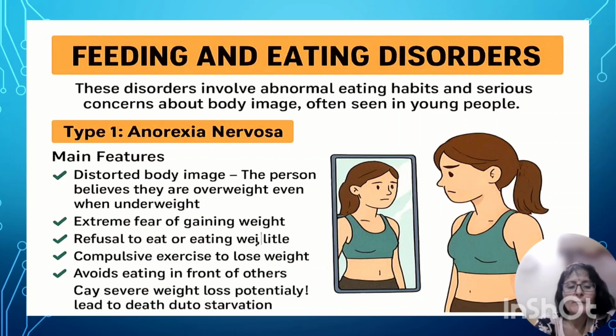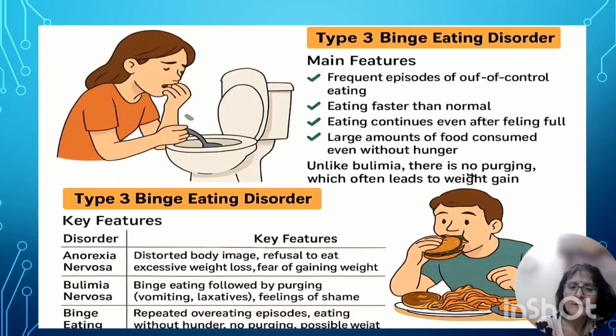And you know about bulimia also, in which if they eat, then they will try to get rid of it, like they'll start vomiting it out. Okay, so this is anorexia nervosa and bulimia. Then there is a third type of eating disorder, which is called binge eating disorder.